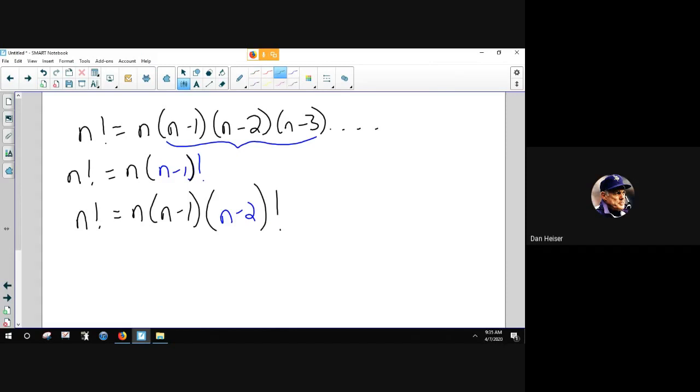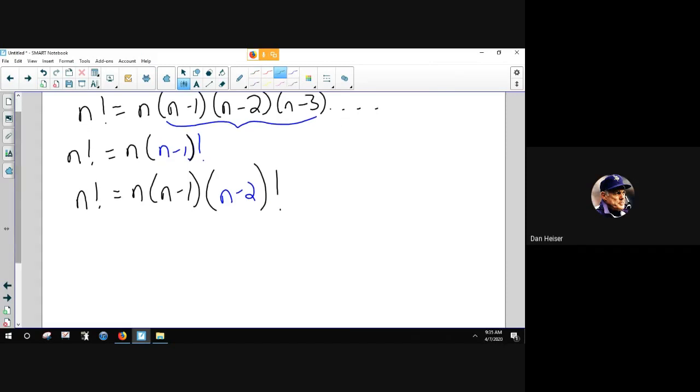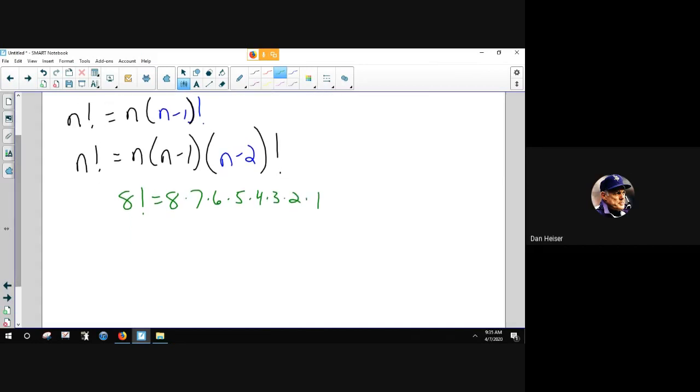Let me give you another example to illustrate this. I'll go back to 8 factorial. 8, 7, 6, 5, 4, 3, 2, 1. 8 factorial is also 8 times 7 factorial.